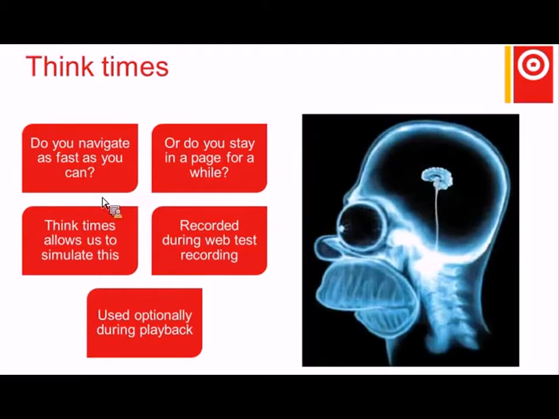Not everyone navigates the same page at the same rate. So what we've got in web performance tests is what we call think times. Now, think times enable us to set an amount of time that we think the average person is going to take on this page before they click on the next request, or before they click on this particular request.